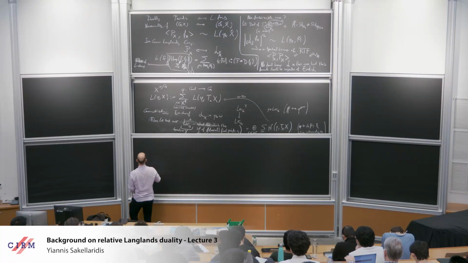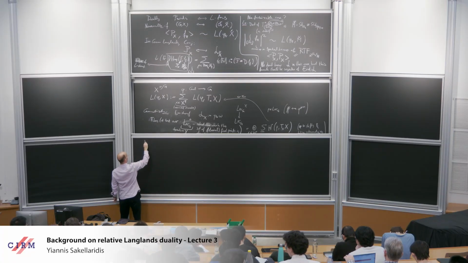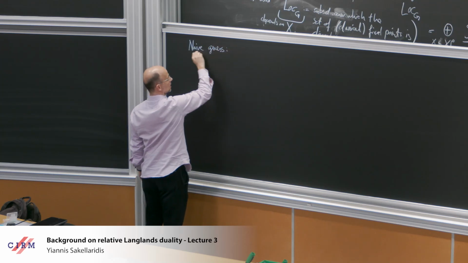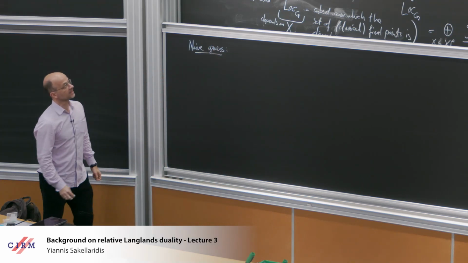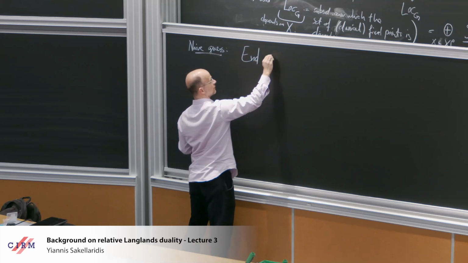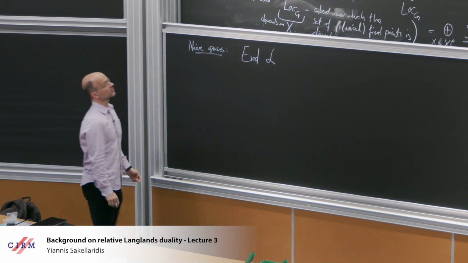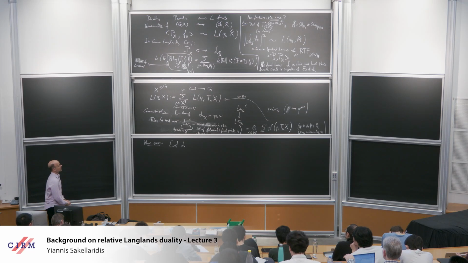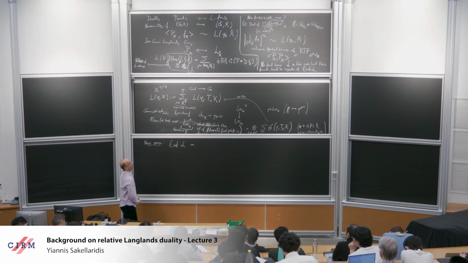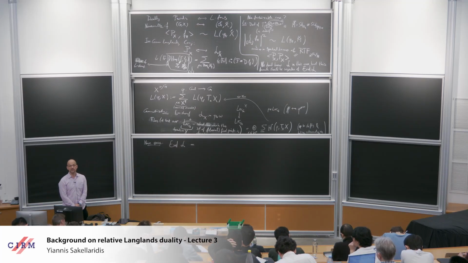So, first naive guess is that the endomorphisms of this mysterious L sheaf that corresponds to the period on the other side should be, just by reading the formula, the L sheaf associated to M check.